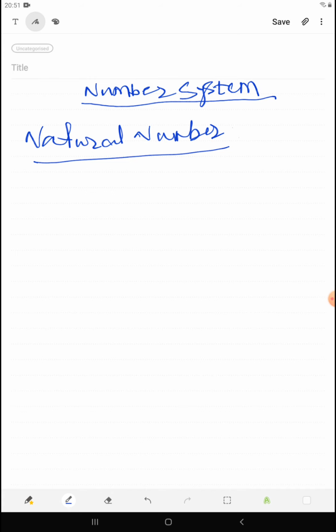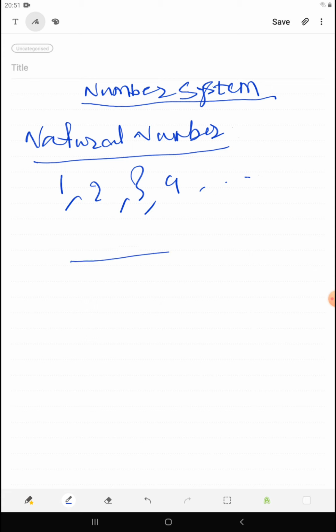All the counting numbers are natural numbers, like 1, 2, 3, 4. These are all natural numbers. 0 is not a natural number. Please understand, 0 is not a natural number. So all the counting numbers like 1, 2, 3, 4, 5, 6, 7, 8 are natural numbers.